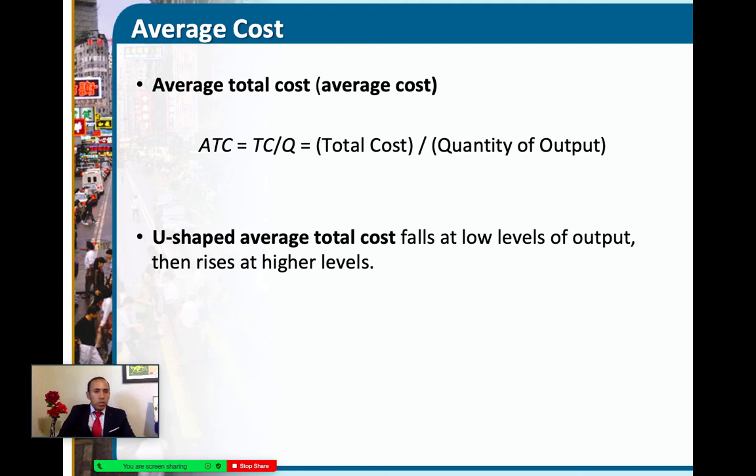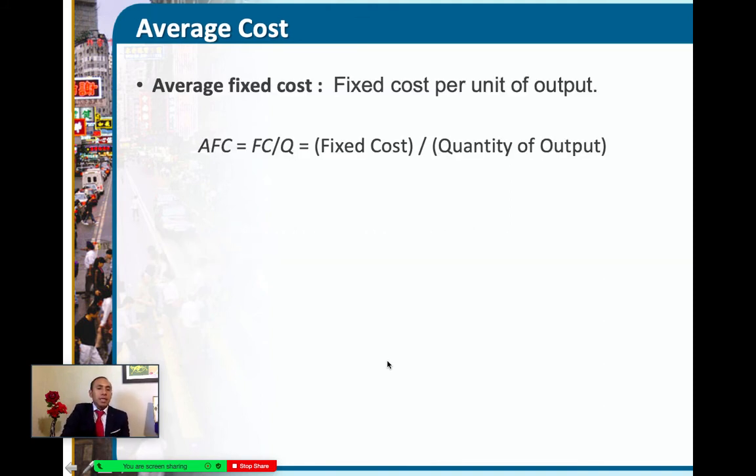The average cost of production here does decline. Since it's U-shaped, it declines at certain levels of output, and then it rises after a specific point, increasing at higher levels of output. This is quite interesting when it comes to the average cost of production. The average total cost of production includes average fixed costs, which is the fixed cost per unit.